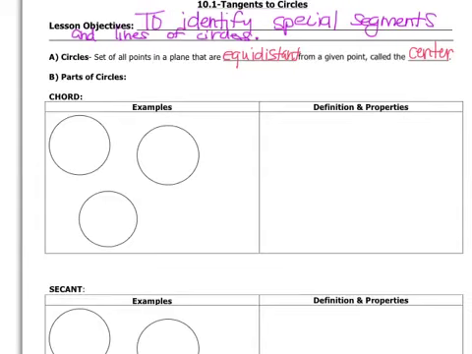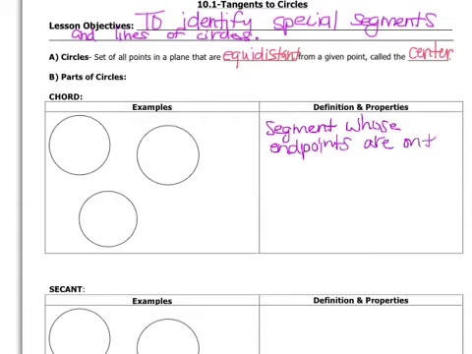Okay, the first special segment in a circle is what we call a chord. A chord is a segment whose endpoints are on the circle.